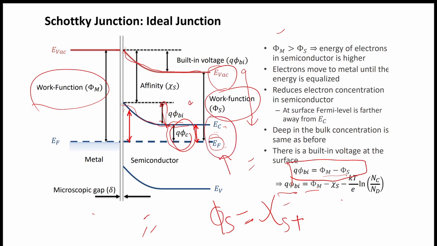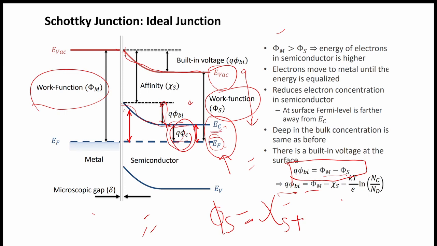We have already done the extent of doping in the semiconductor, how much our semiconductor is doped. This difference, q phi c, is the potential energy difference between the conduction band and the Fermi level.